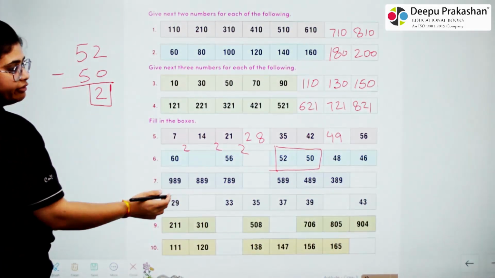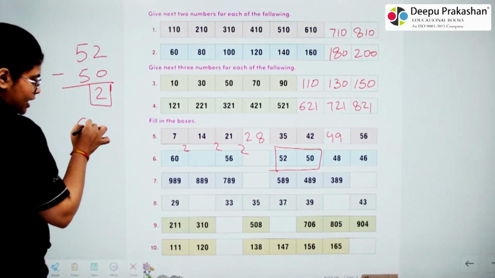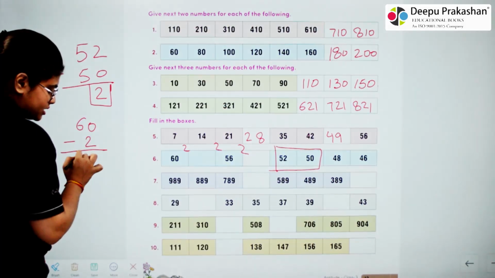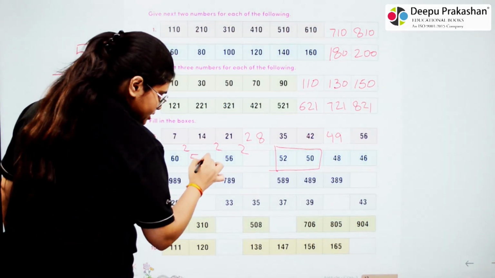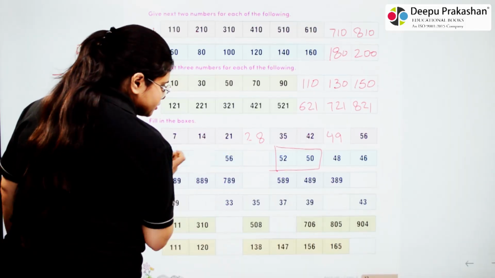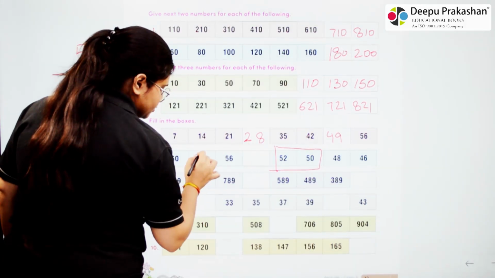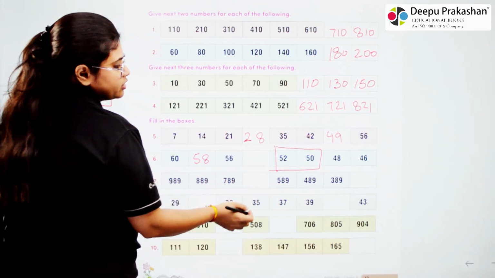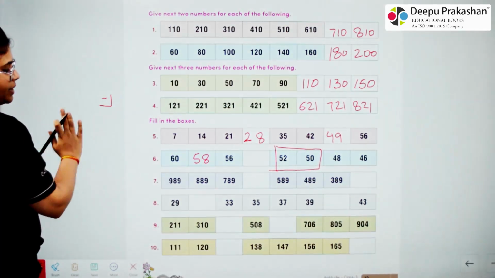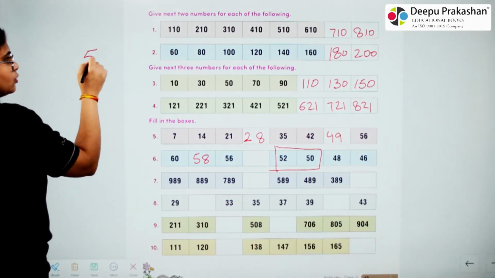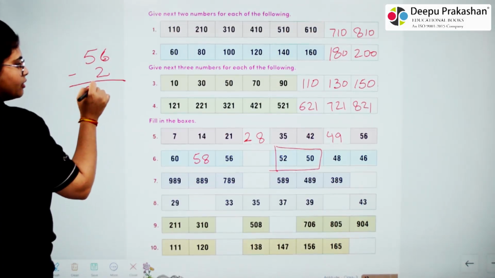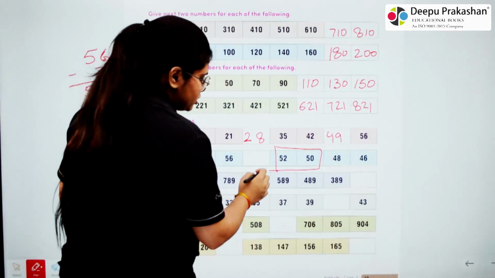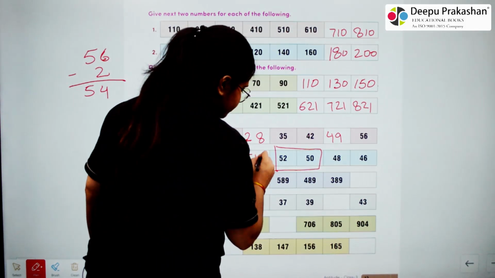So to find the first missing number, we need to subtract 2 from 60 and the answer will be 58. So the first number is 58. And for the next missing number, we need to subtract 2 from 56. So the answer will be 54. So the second number that is missing is 54.